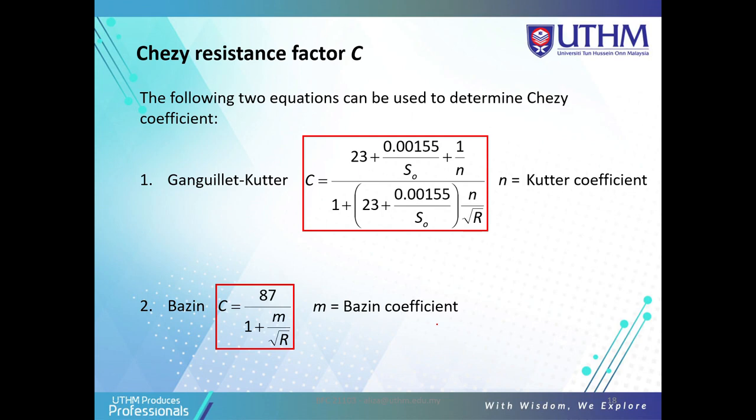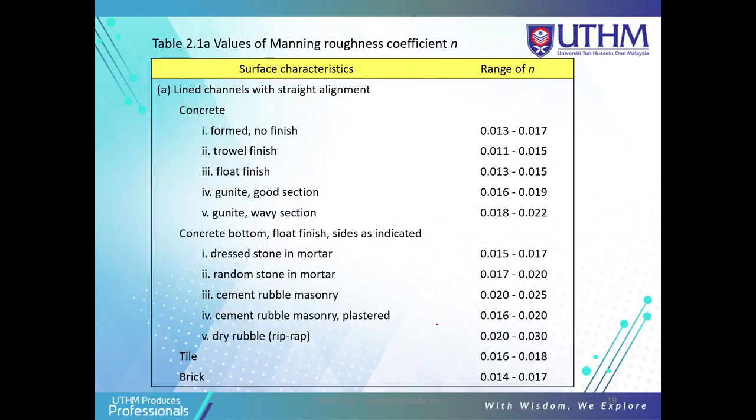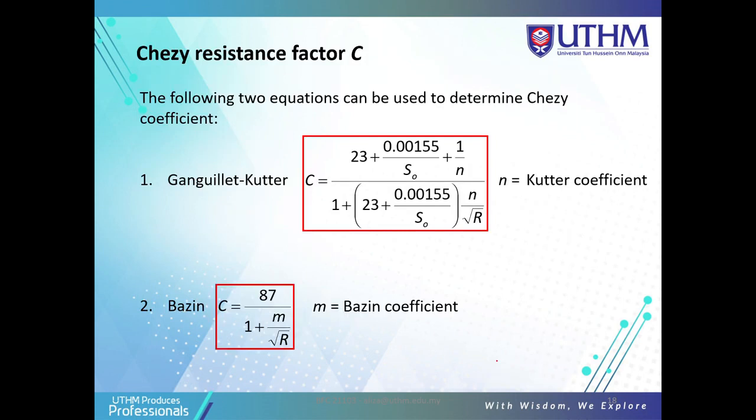In this case, if the Chezy resistance factor C is not given, they give you the formula to find the C using the Ganguillet-Kutter formula. Using the Ganguillet-Kutter here to find the C, the Chezy coefficient.